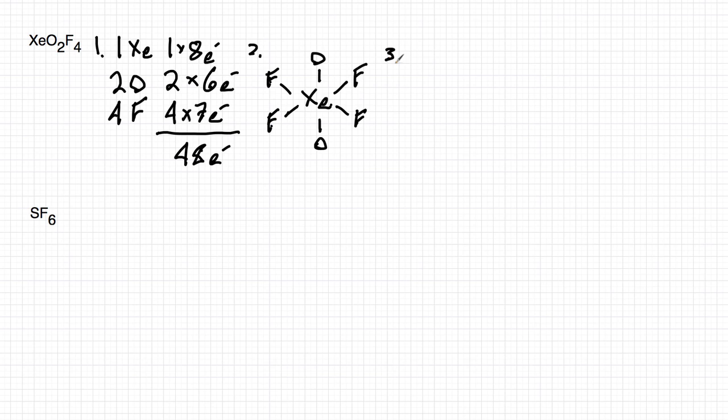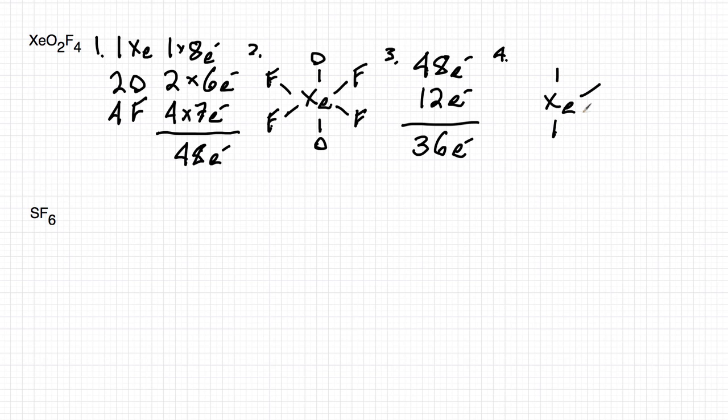For step 3, well, we started with 48 electrons, and it looks like we've got 2, 4, 6, 8, 10, 12 electrons there, which means that we are missing a whopping 36 electrons. So for step 4, let's go ahead and put them there.